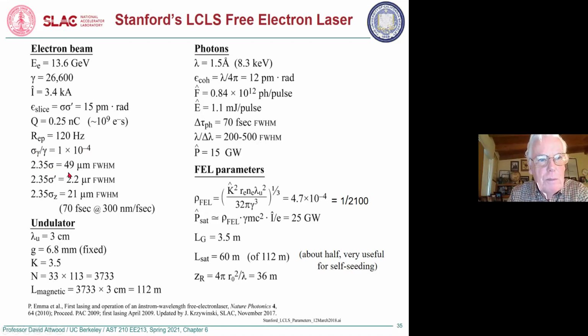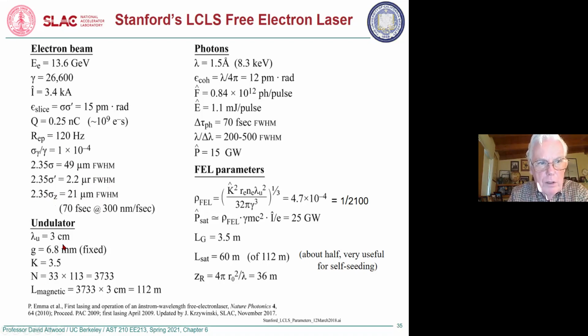And so this is the beam size, roughly 50 microns wide, and the beam divergence, roughly half angle, would be a microradian, okay? And the longitudinal length of the beam is 21 microns. So every 120 hertz, an electron beam comes through, a bunch of electrons with about a 20 micron full width at half max, okay?